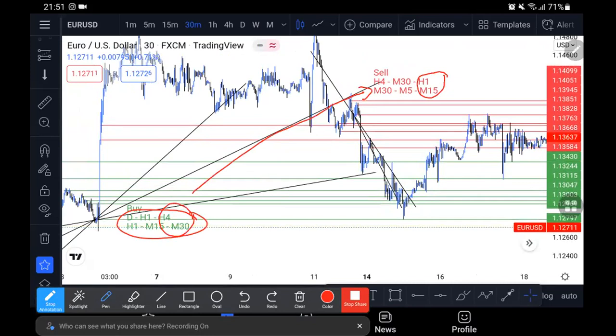So whenever the bias is broken, just take the re-entry. Simple as that. For the buying, you can also put the trend line over here. It doesn't matter how you use it or how many you use. It's the same principle: know what to expect after entry, which time frame bias should be broken, and then you are good to go.